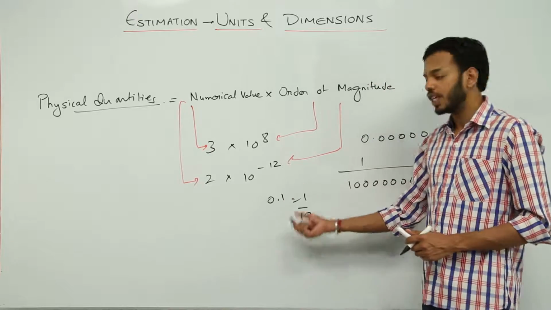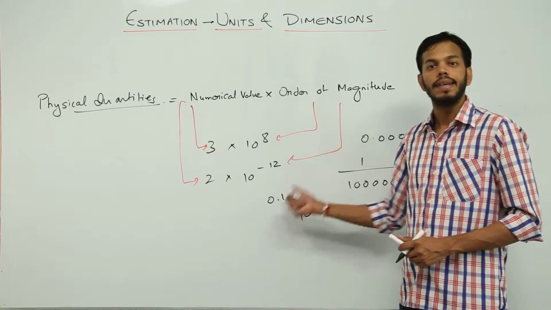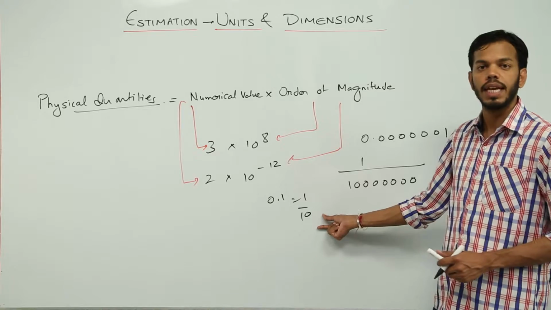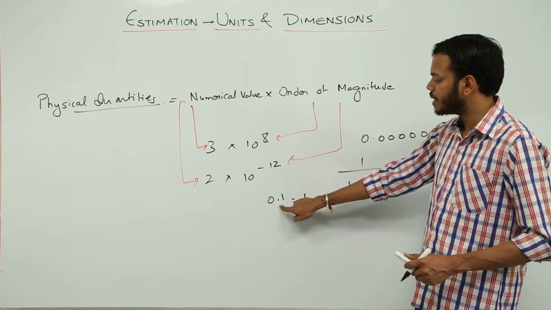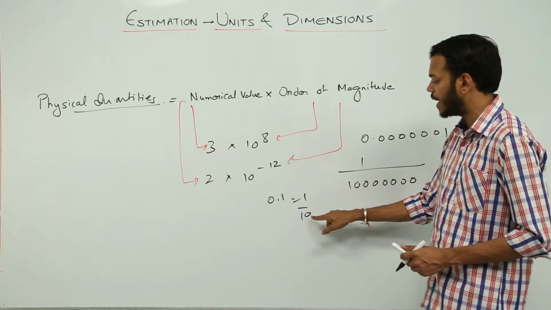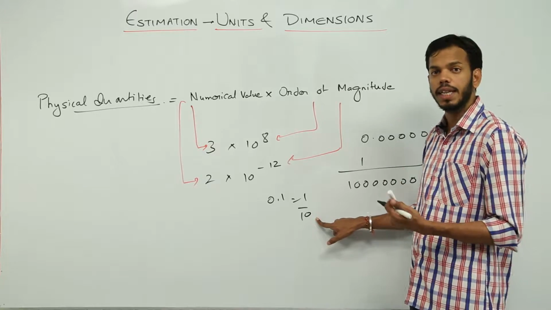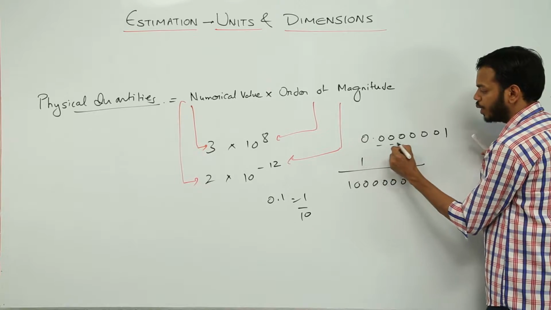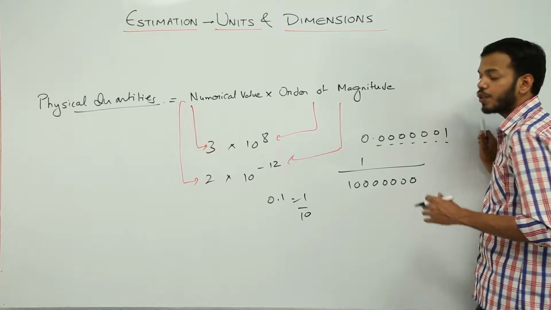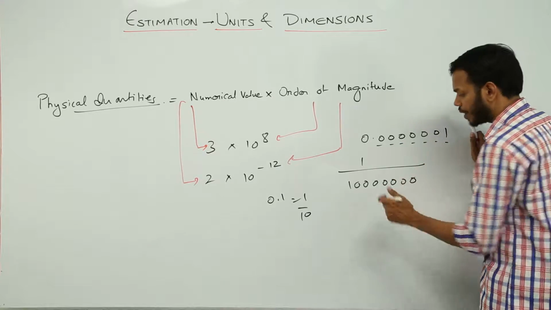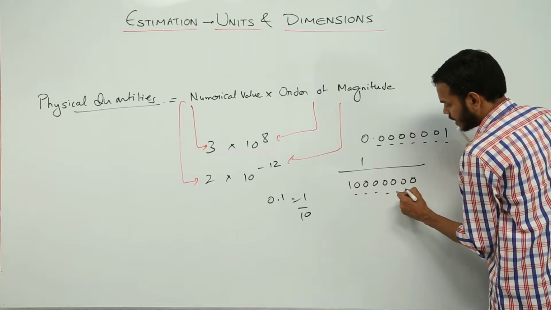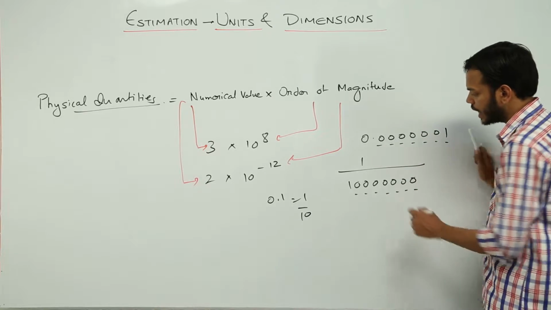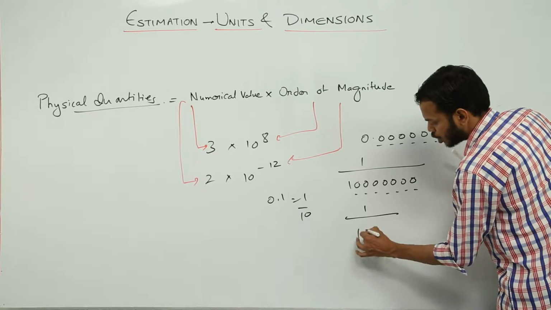So the number of digits after the decimal point is equal to the number of 0s in the denominator. So after the decimal I have only one digit, that means I have only one 0 in the denominator. So the number of digits here after the decimal point is 1, 2, 3, 4, 5, 6, 7. So I will be having 7 zeros after 1. So now this thing is written as 1 over 10 raised to power 7.